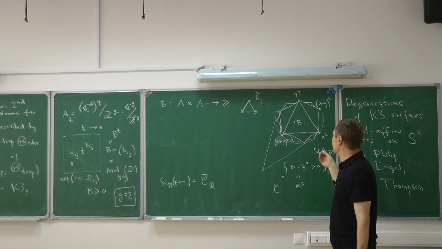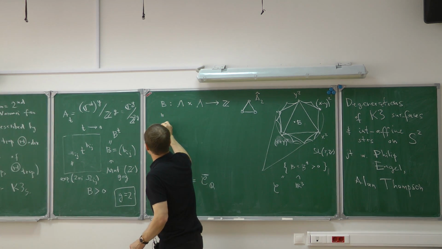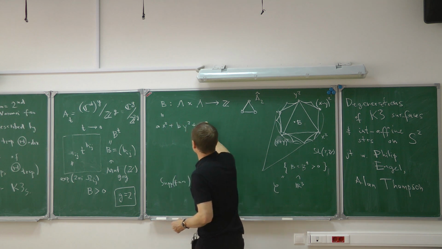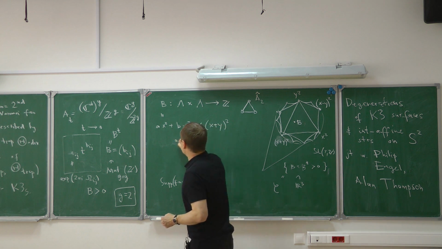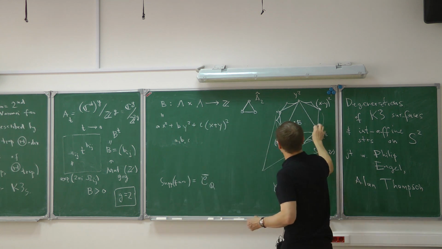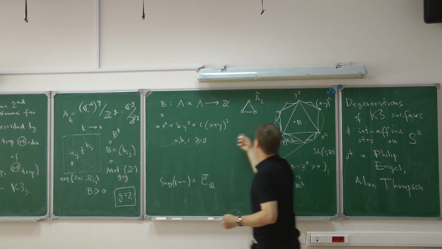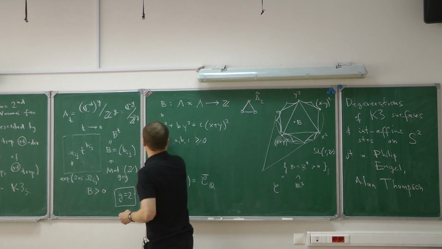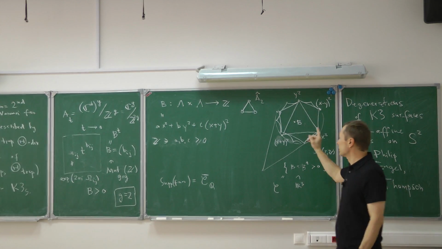So this matrix will be A x squared plus B y squared plus C x plus y squared. And A, B, C, if I take it in the interior, they're non-negative, but in the interior, they're positive. And they're integers. So that's my starting data.